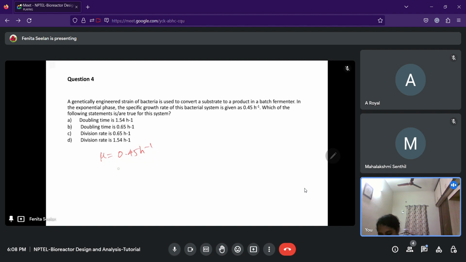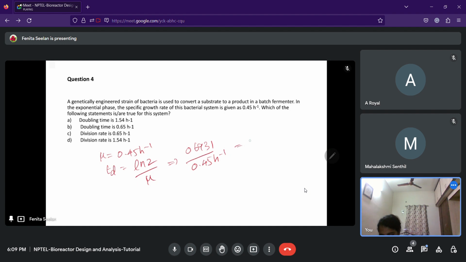In this condition, the doubling time formula is ln 2 divided by mu. ln 2 is 0.6931, and substituting the mu value of 0.45 per hour, the answer would be 1.54 hours. They are also talking about division rate in the options given below.